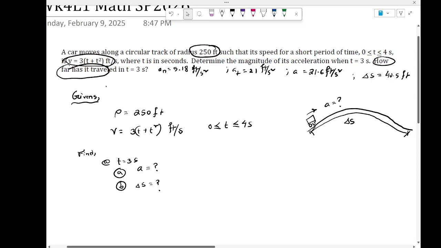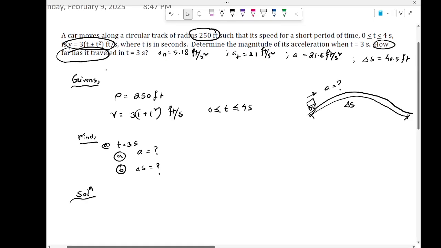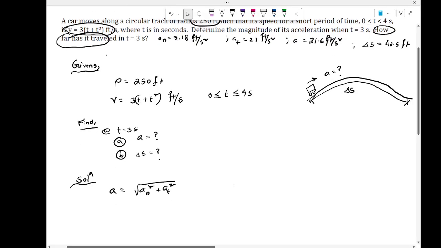So they're asking that. Not only that, they were asking, what is the acceleration? To find that, I know some of you probably already solved it, so you can just match it with mine. Your A, or total acceleration, is the square root of an square plus at square, the normal and tangential components.